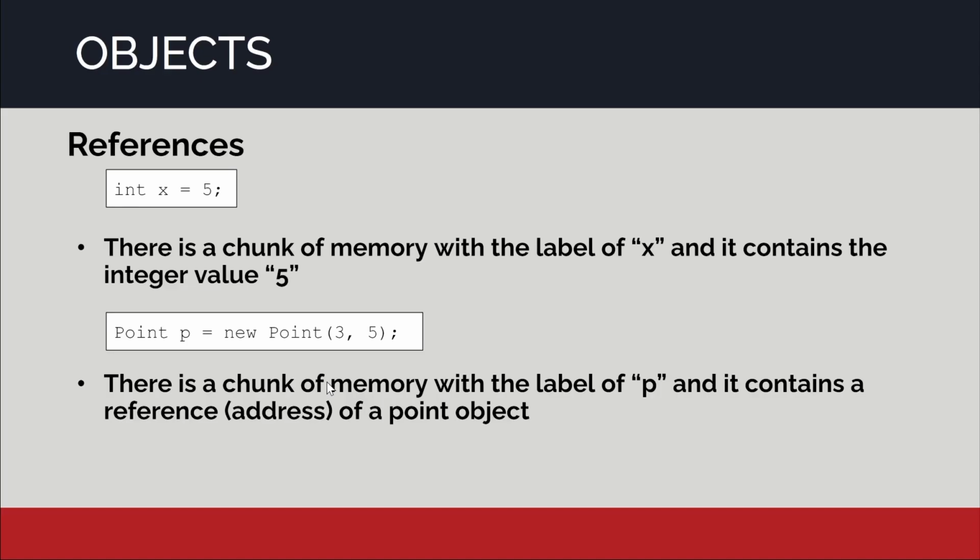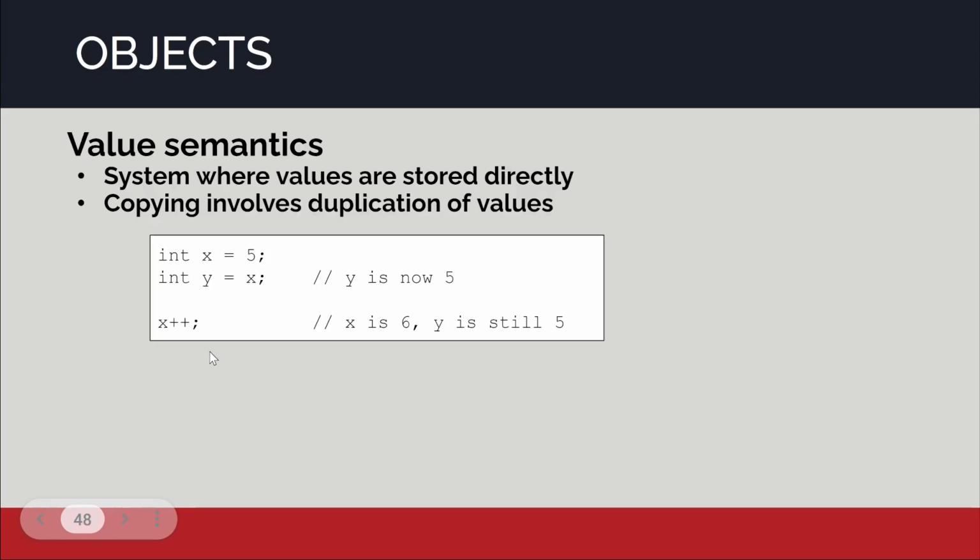It's a language, so the semantics, the way that we talk about things, is different for primitives than it is for objects. And the way that we talk to primitives is called value semantics. So it's a system where the values are stored directly in the place that you are defining. And so when you copy them, it duplicates the values and stores them.